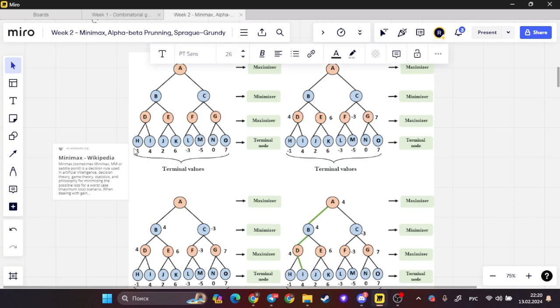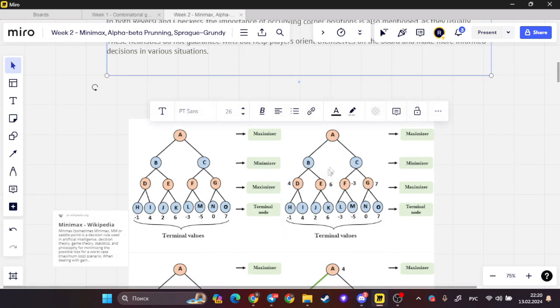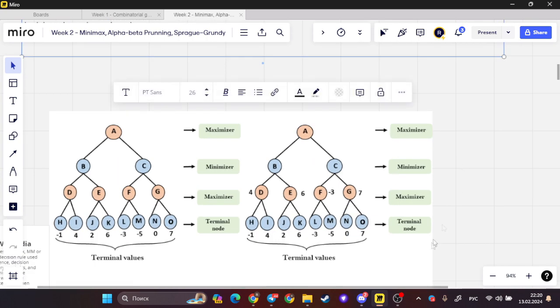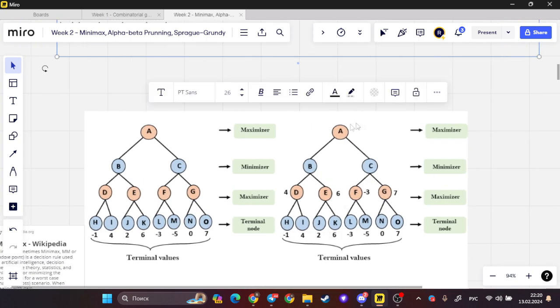Okay, we calculate heuristics for every state, then what do we do? We consider that the first player is located in this position. In these states will be located the second player, and so on.